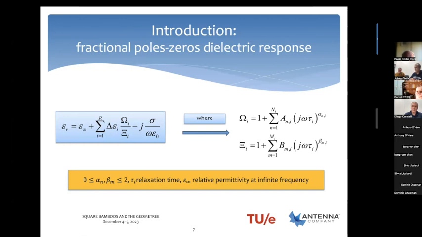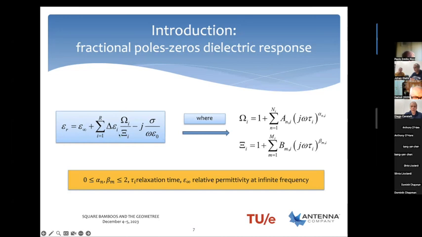To this end, we'll be using a multi-relaxation model with the pole-zero dielectric response that is shown here on this slide on the left-hand side.